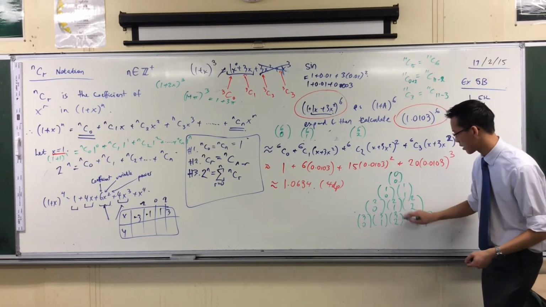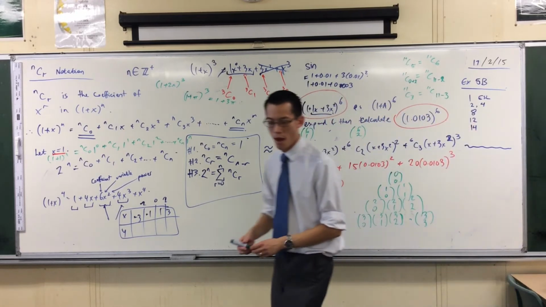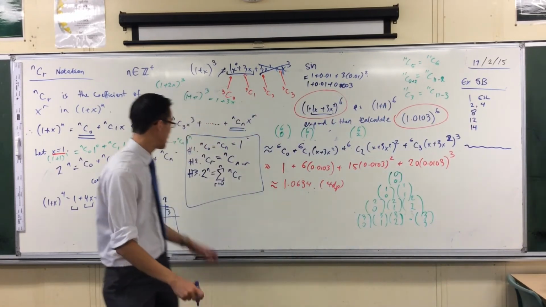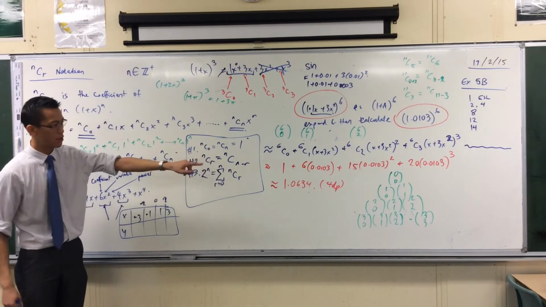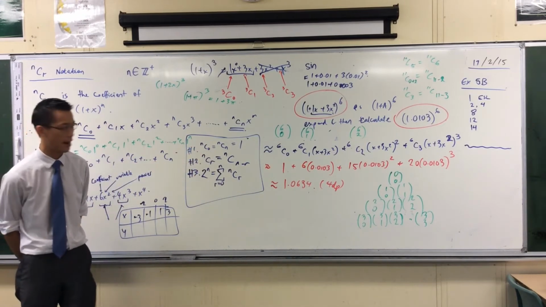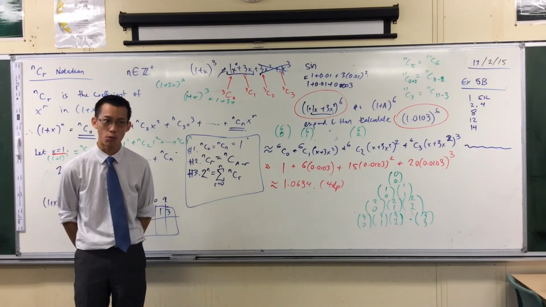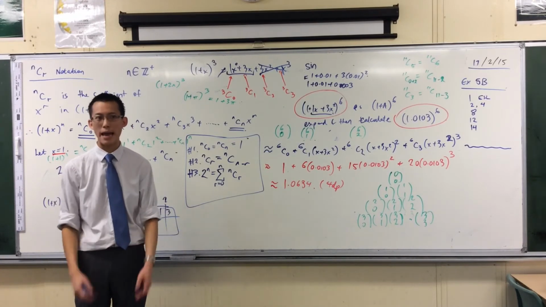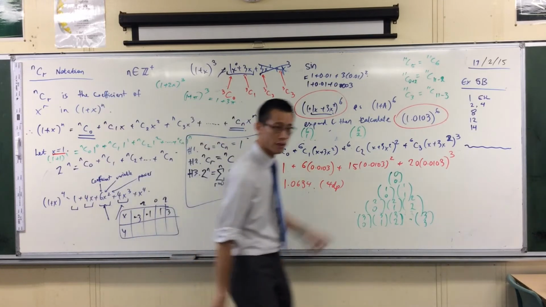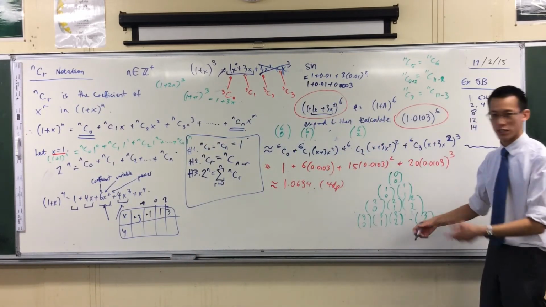Okay, now there are some interesting things you can see when you start to write things like this. For instance, one of the properties that I did not name, but you can almost see here, right, is how is Pascal's triangle formed? The first time you learn about it, you just form it by addition, don't you? Right? So for instance, you can see here, I'll just pick out a random one.